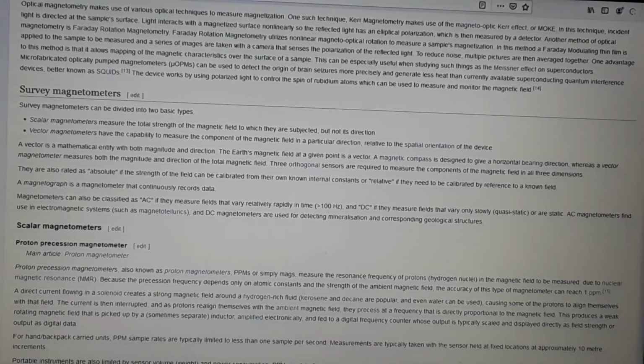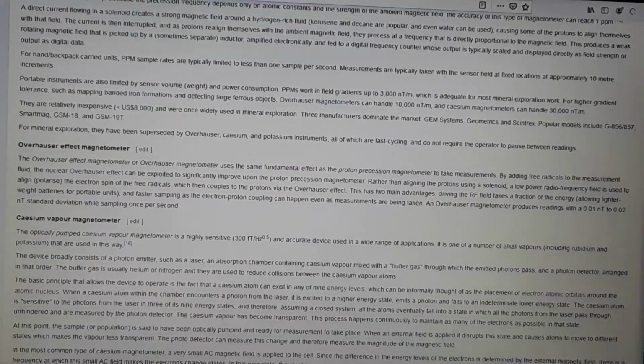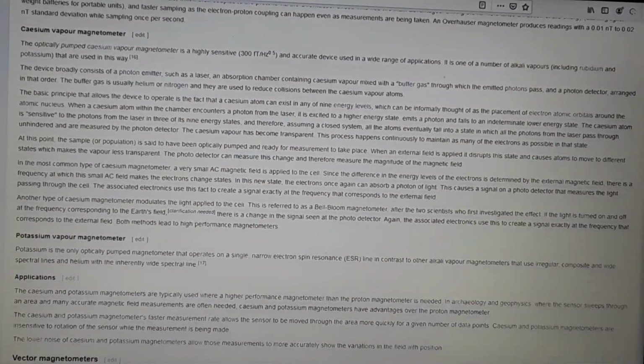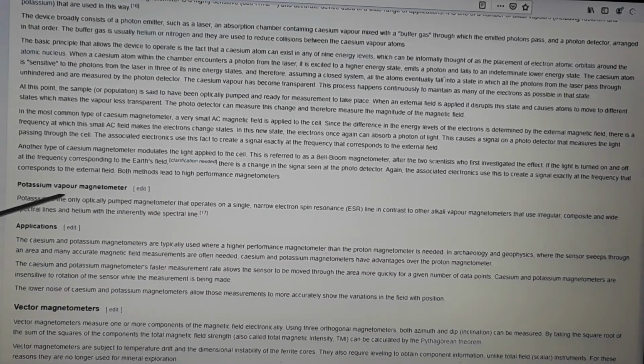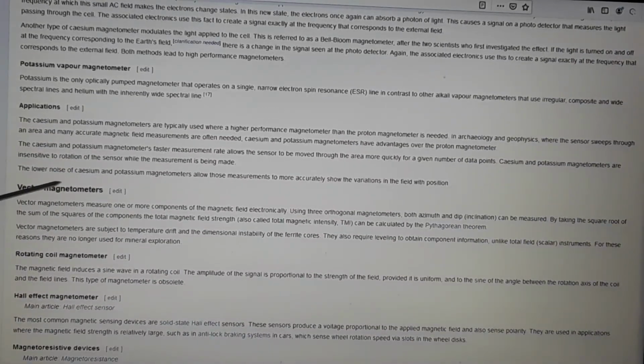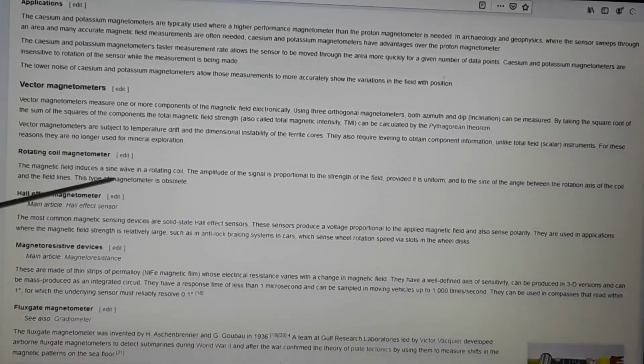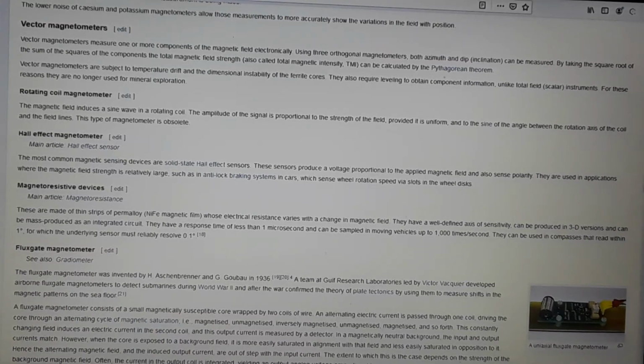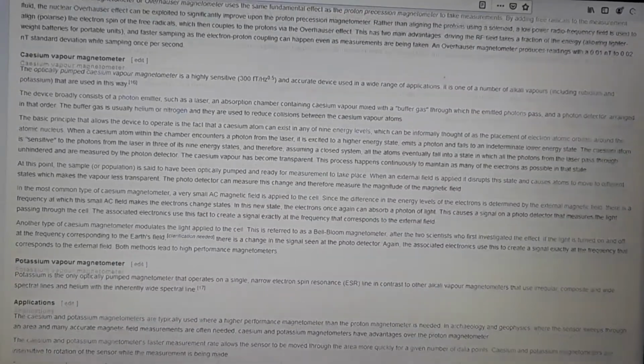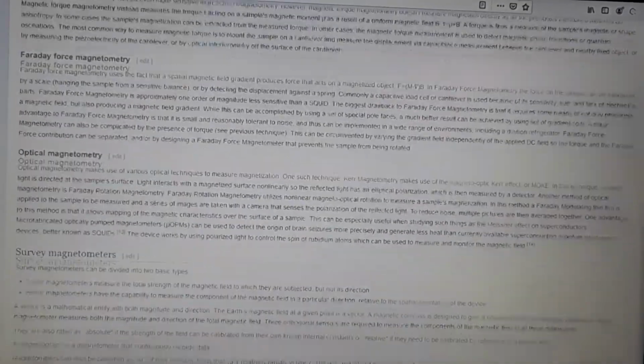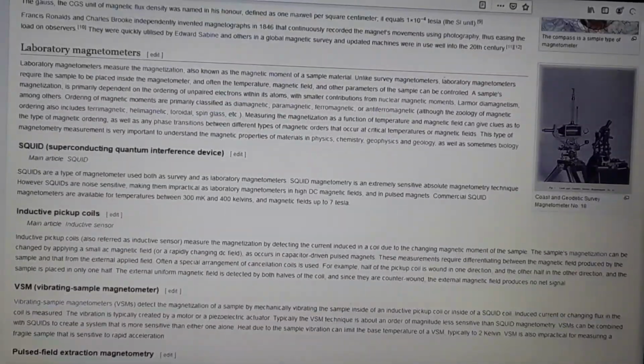So there's a number of types of magnetometers that are used out there. There's potassium vapor magnetometer, vector magnetometer, rotating coil, Hall effect magnetometer. Okay, with that read in.